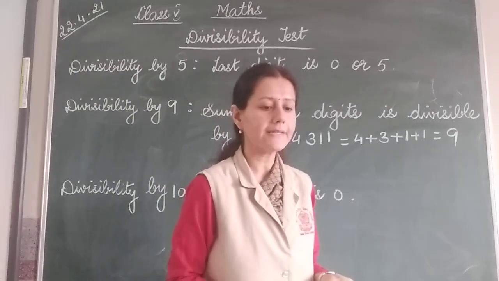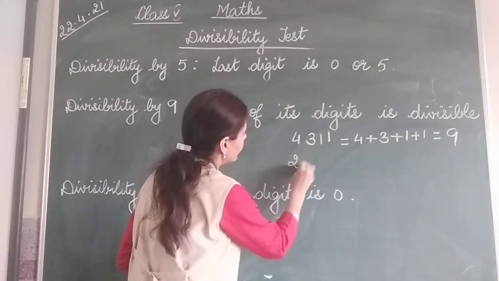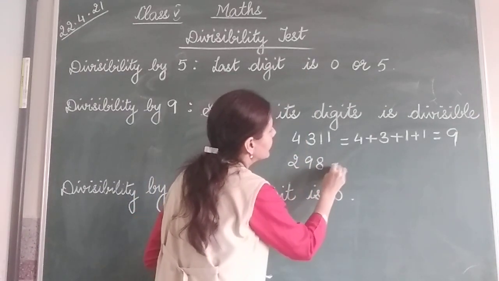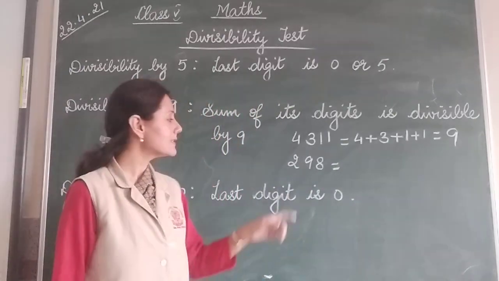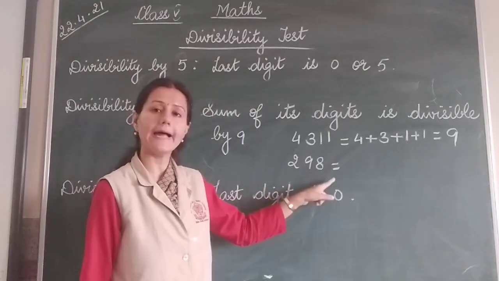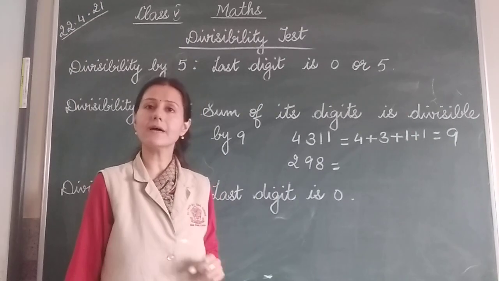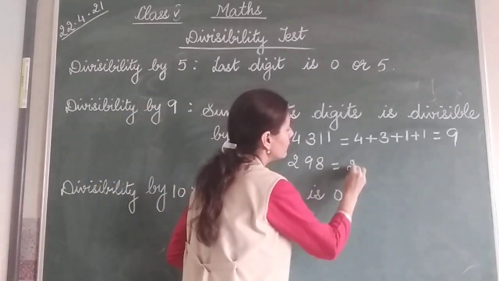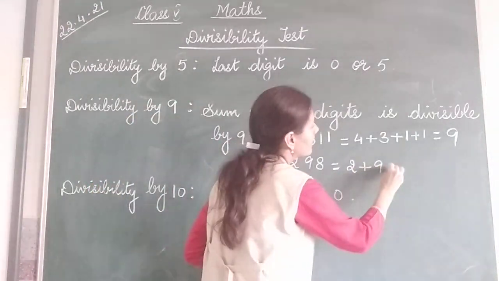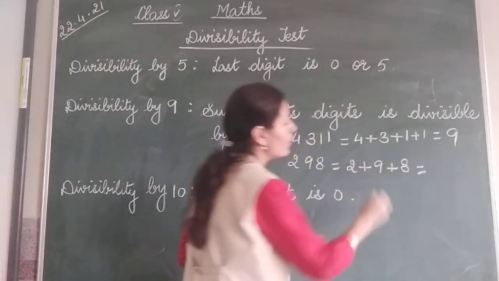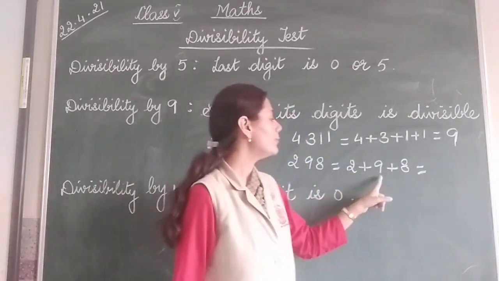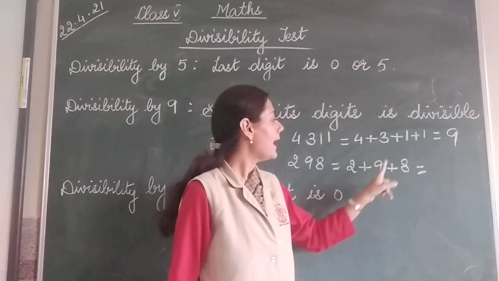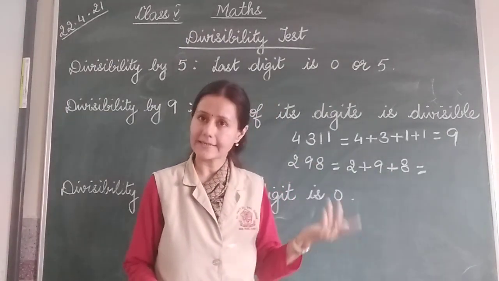Let us take another example. Suppose let us take the number 298. What are the digits, beta? 2, 9 and 8. Find out the sum of the digits, beta. 2 plus 9 plus 8. What is the sum coming, children? 2 plus 9 is 11 and 11 plus 8 is 19.